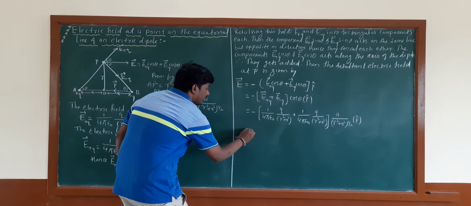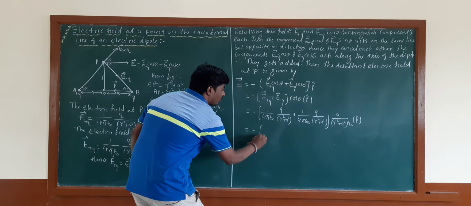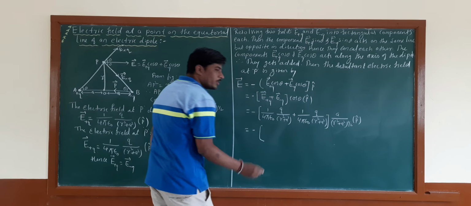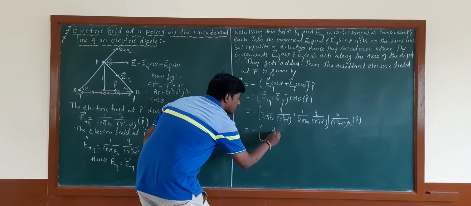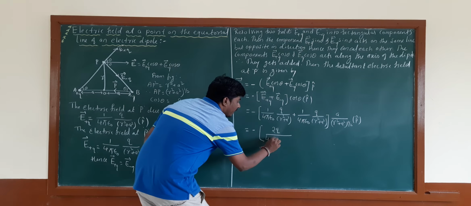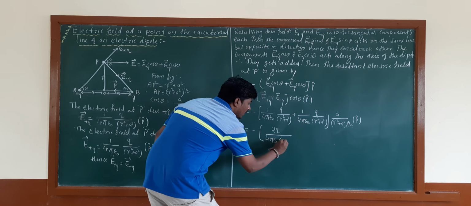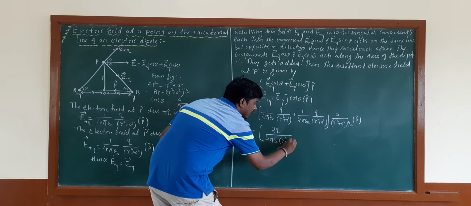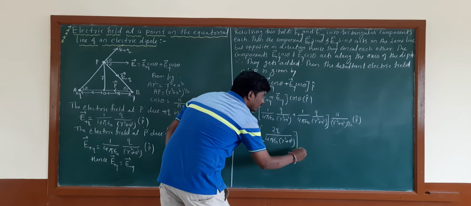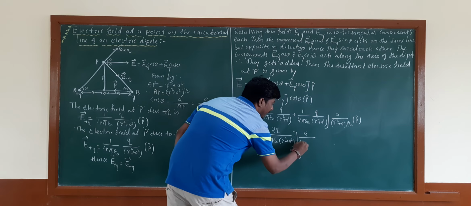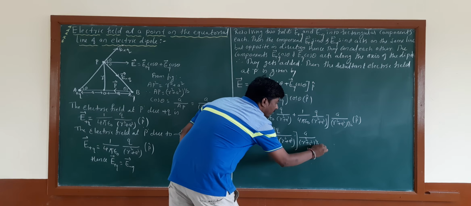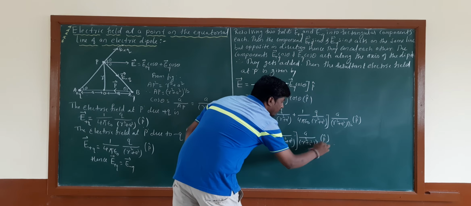Okay? Therefore, minus of plus Q and plus Q, is equal to 2Q. So it is 2Q divided by 4 pi epsilon naught, R square plus A square, into A divided by R square plus A square raised to 1 by 2, P cap.